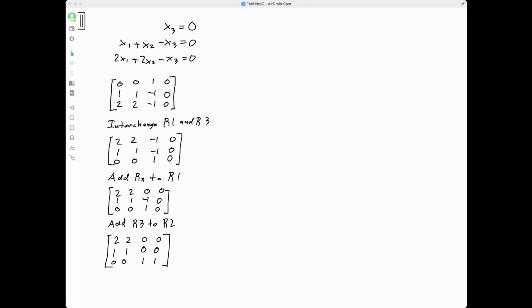Now, actually, I'm going to do an extra step first. Let's scale row 1 by 1/2. So I'm multiplying row 1 by 1/2. That gives me 1, 1, 0, 0, 1, 1, 0, 0, 0, 0, 1, 1.